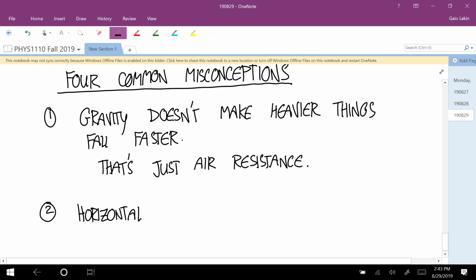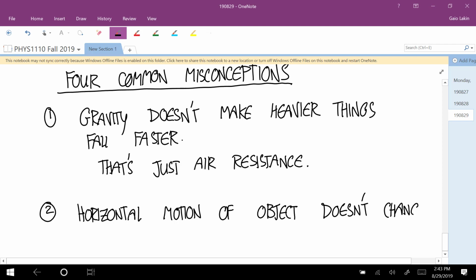The horizontal motion of an object doesn't change how gravity affects it.